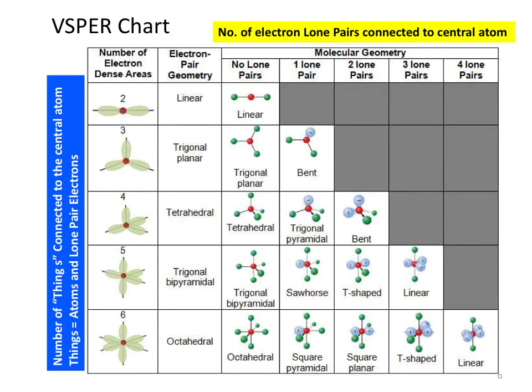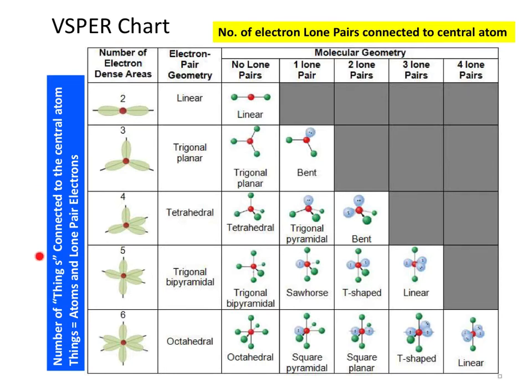And we are defining things as atoms and lone pair electrons. So anything that's bonded to the central atom through a physical bond, or attached to the central atom as a lone pair of electrons, is going to be something attached or connected to the central atom. So let's see how this works.